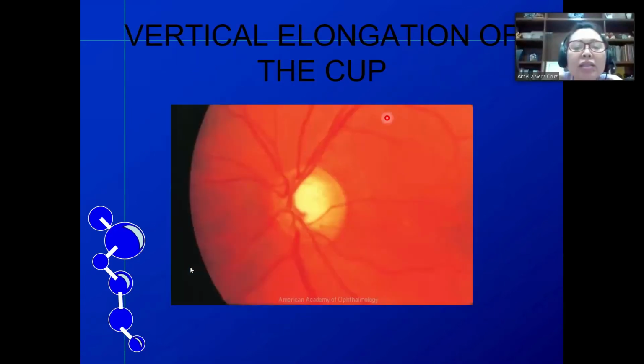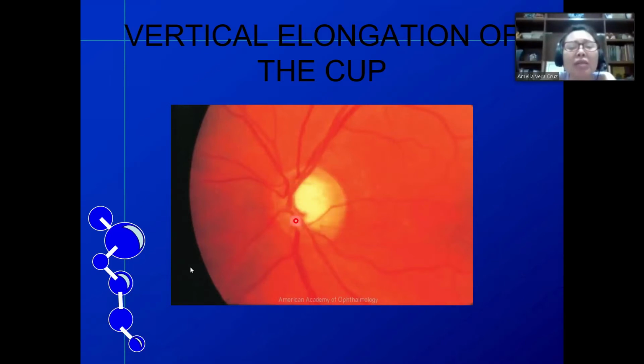Yan. This is your vertical elongation of the cup. Okay. If you will estimate now, what is the cupping? What is the cupping of this? The vertical elongation. Look, the superior neuroretinal rim is thin. This one okay pa. This one okay pa. Ito talaga ang thin out na. So the defect is here na. So what is the cupping here?